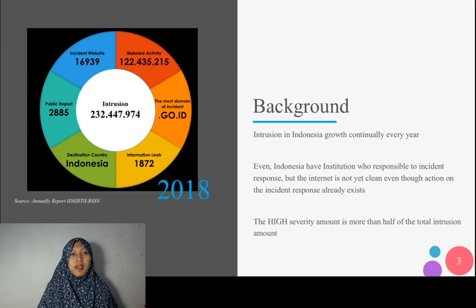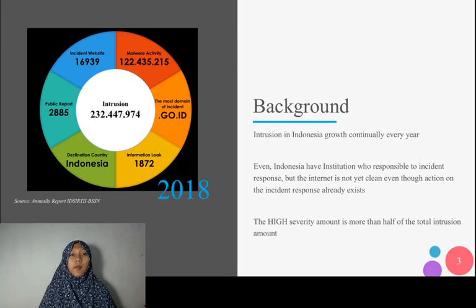From the diagram, we can see that intrusion is more than 200 million. This data is based on the annual report by IDCRT BSSN, and we can also see that information leakage is almost 2,000, and Indonesia has become a destination country for attack.